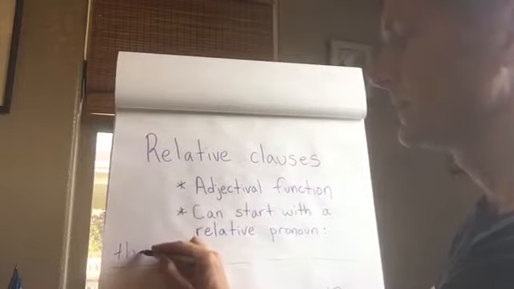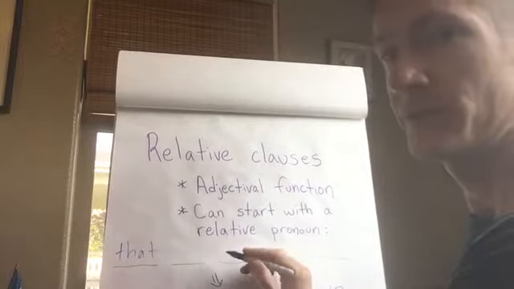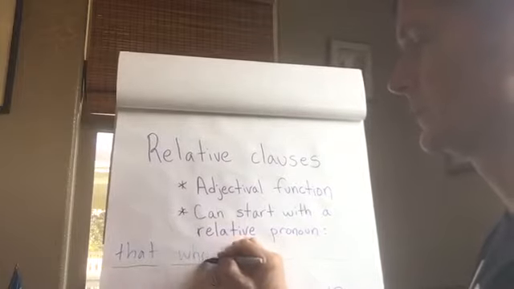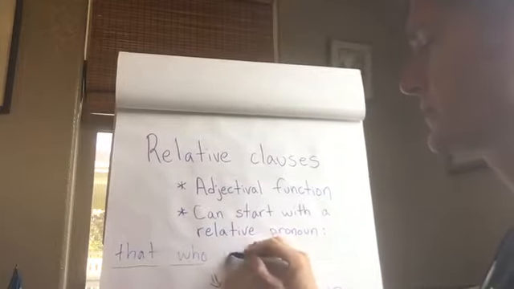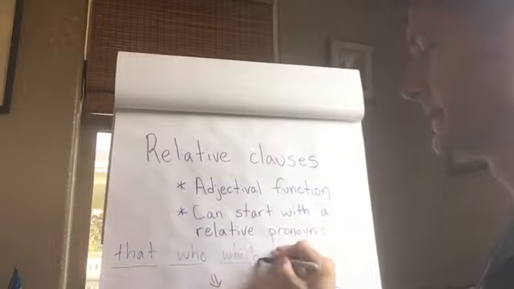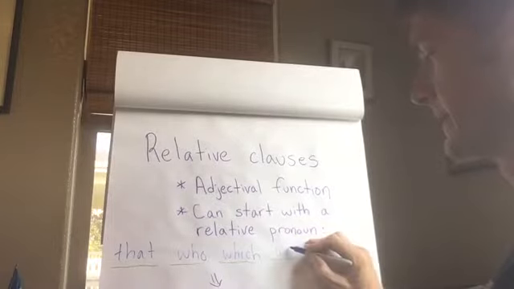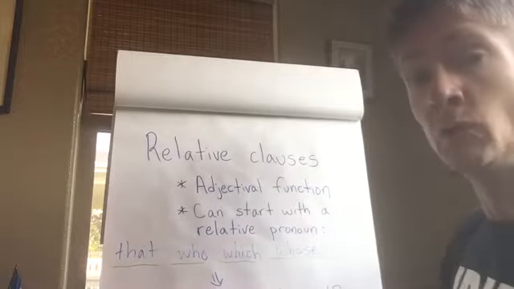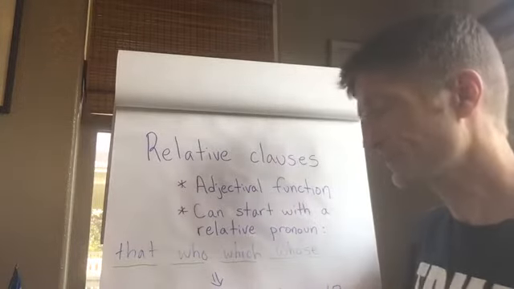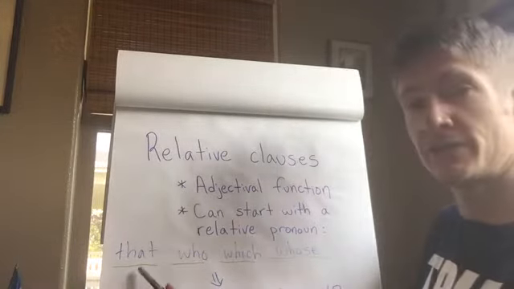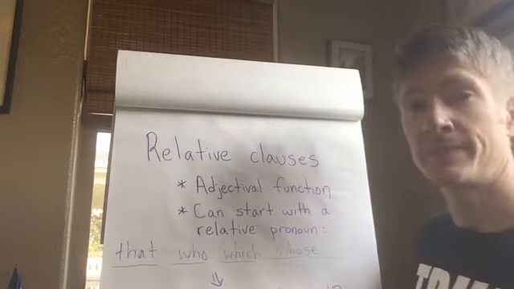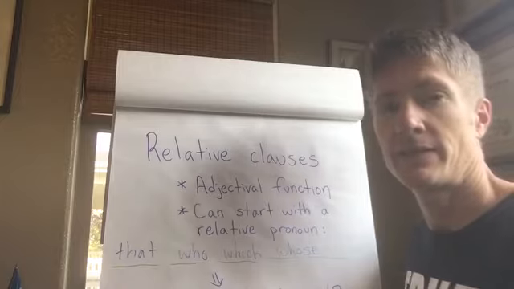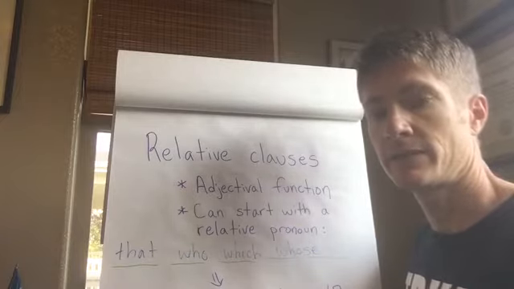And if you read on in the chapter, you'll see sometimes we delete the relative pronoun, but that and who and which and possessive like whose, a little bit more formal, whom, when you're using an object. These words, they relativize a noun phrase. And the relative clauses are all embedded in the sentence to give you information about that noun phrase.